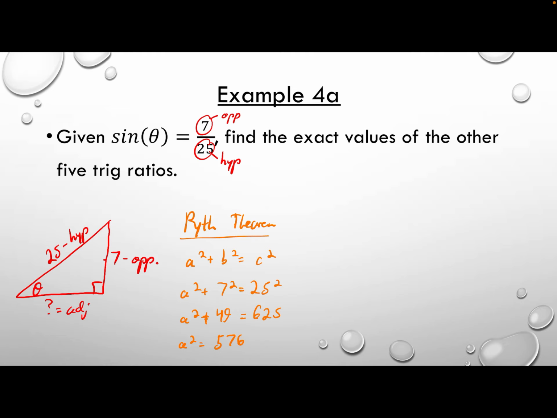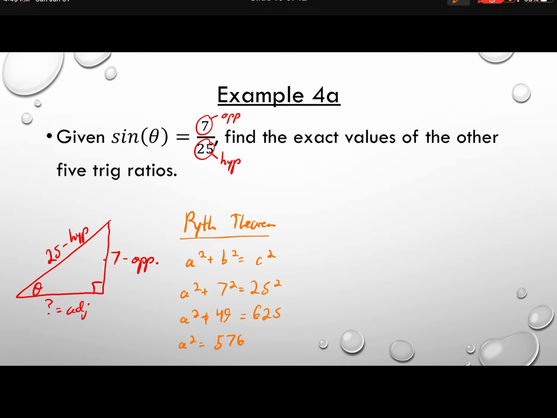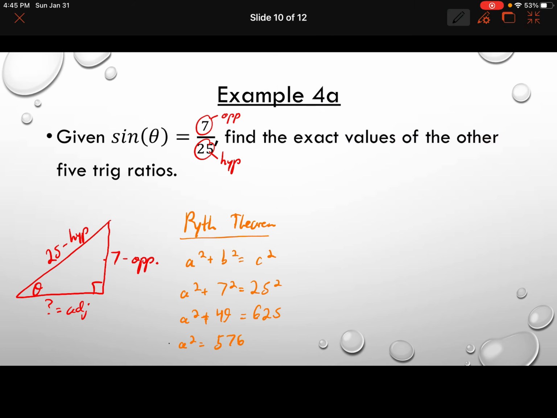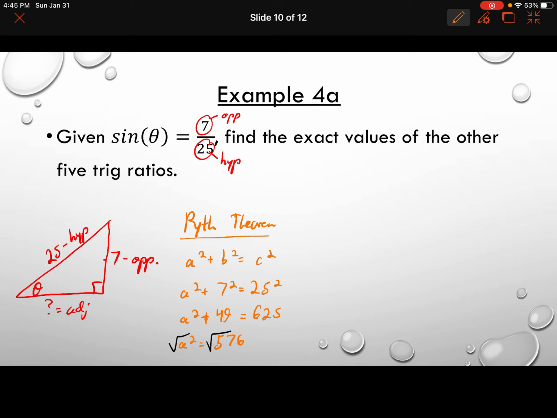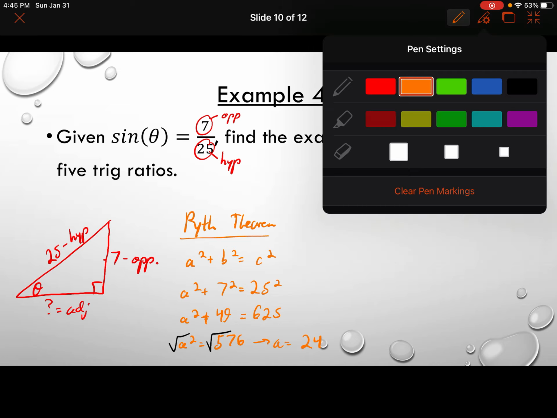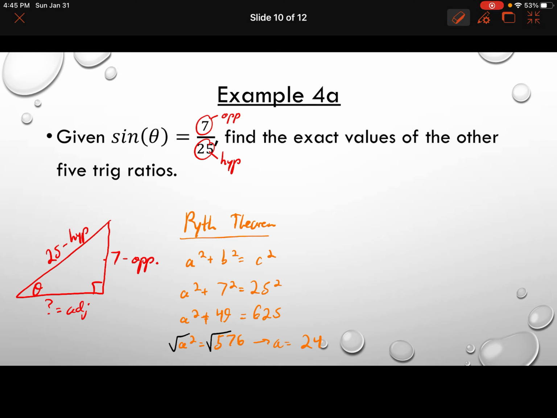If we want to get rid of the square, we have to square root both sides. So we end up with a is equal to 24. So that is what the adjacent side is equal to, 24.